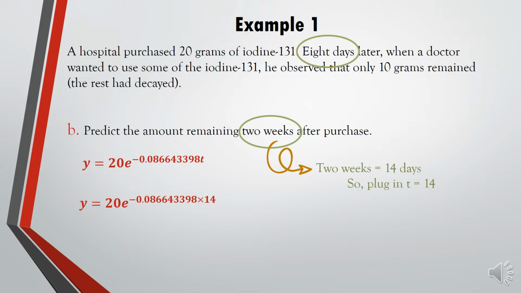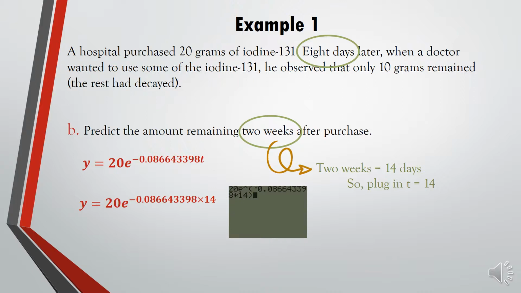Plugging in 14 for t, that gives you 20 times e raised to the negative 0.086643398 times 14. This is what it's going to look like once you plug this in your calculator. So 20, find your e button, so negative 0.086643398 times 14.